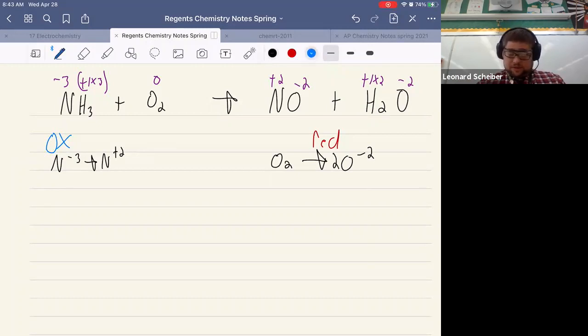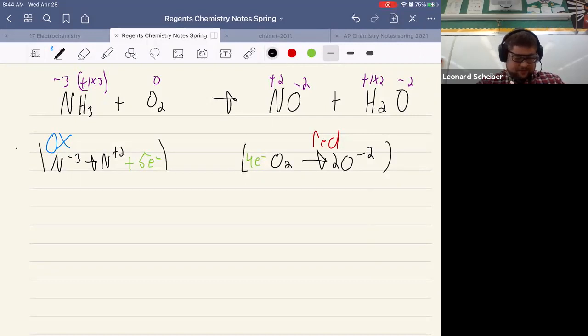So now let's go ahead and balance by electrons for each. So -3 on the left of the oxidation, +2 on the right of the oxidation. So I need to add 5 electrons. And then for reduction, we have 0 and -4... I need 2 electrons there. Is that right? Nope, I need more than 2 electrons. I need 4 electrons because that's 2 -2s, which is a total of -4. Now we need to balance each half out.